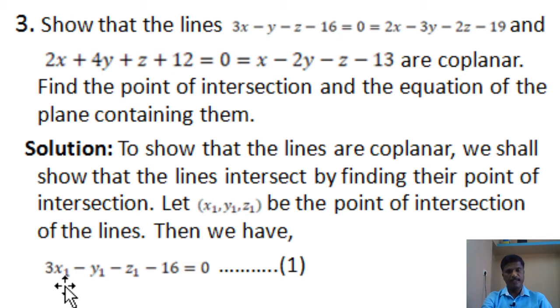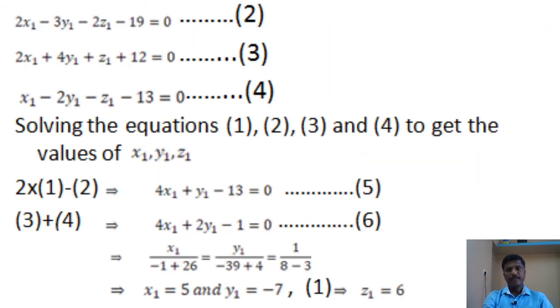Replace x, y, z by x1, y1, z1. That is equation number 1. Again, it satisfies equations 2, 3 and 4. Solving equations 1, 2, 3 and 4 to get the values of x1, y1, z1.